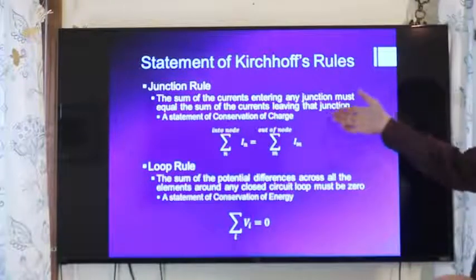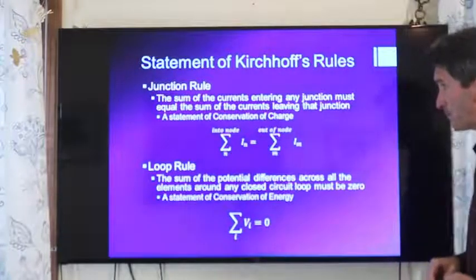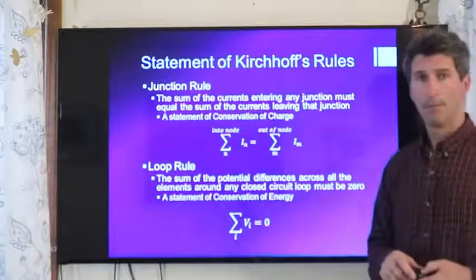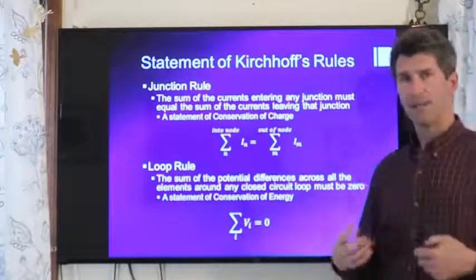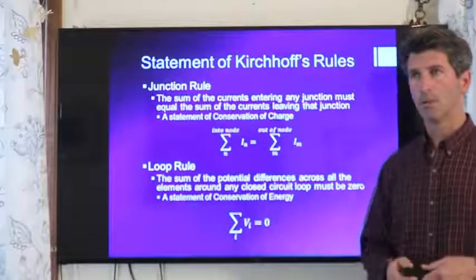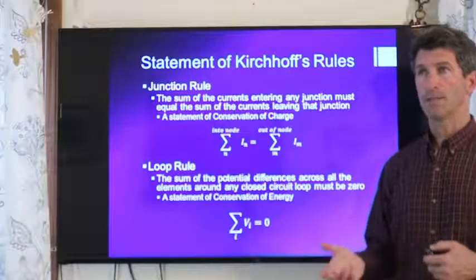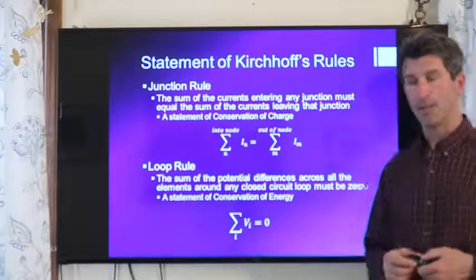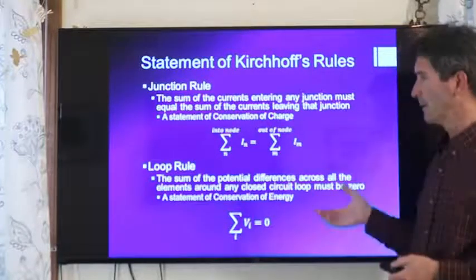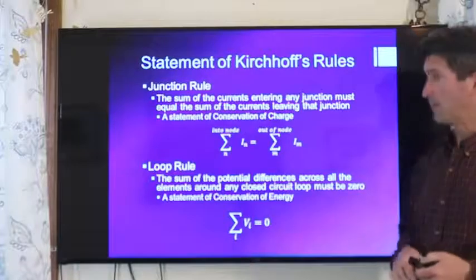So again, we're going to analyze different circuits based on this junction rule, based on the loop rule. And again, it's a little bit more complex, and it takes a little bit more planning than we had with the series and parallel analysis. But as we'll see, it's very powerful.